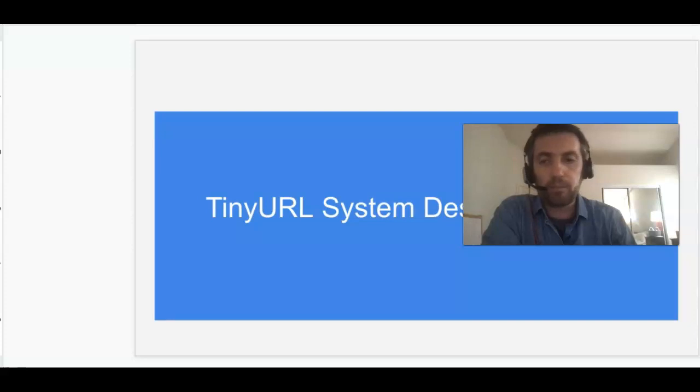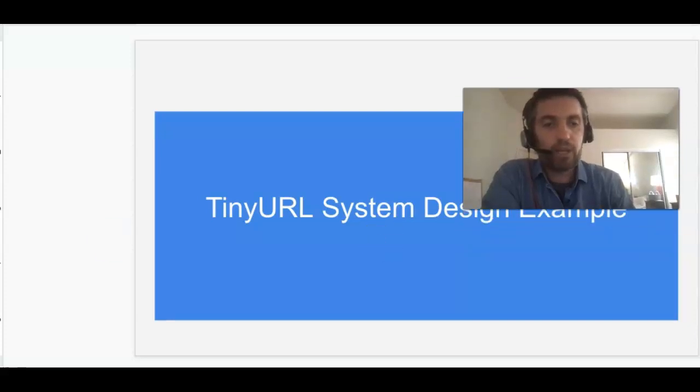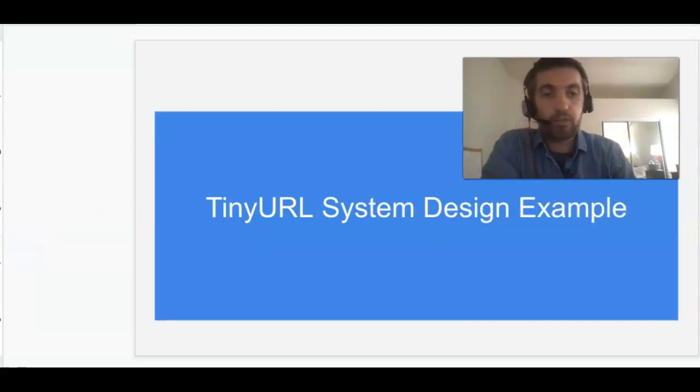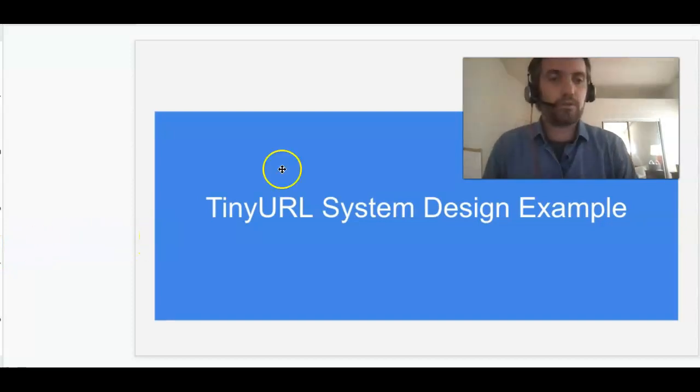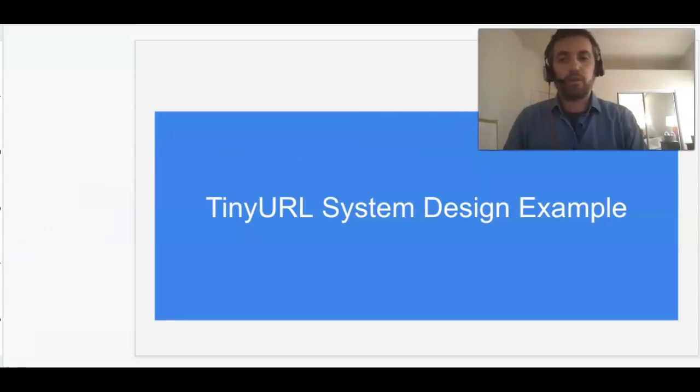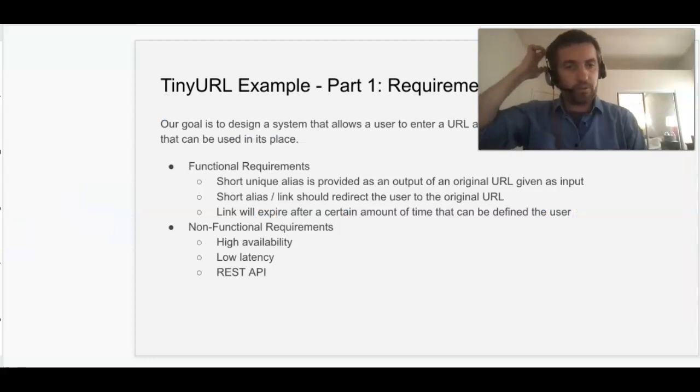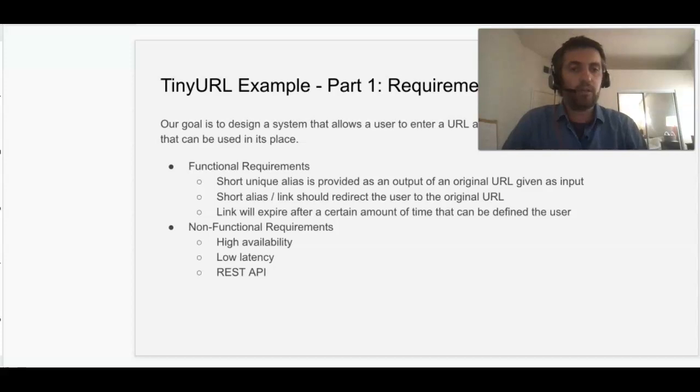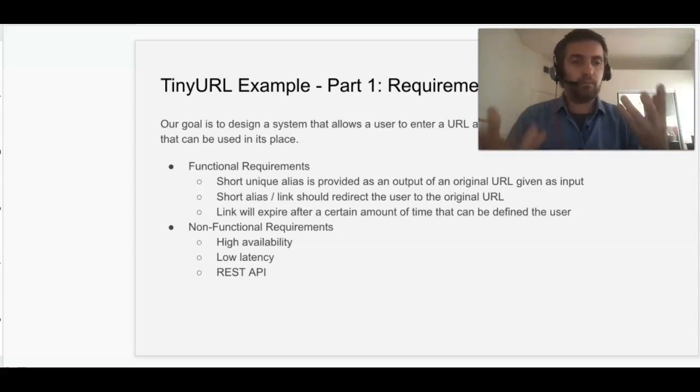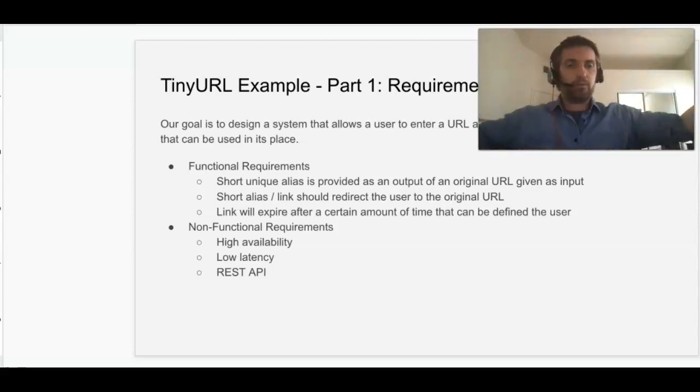Let's dive into an example. Tiny URL service. How do we design a tiny URL service? What is a tiny URL service? What are its functional requirements? Its functional requirement is that it takes a long URL from the user and returns a short URL. So when you paste something in your browser, you don't have to type in this huge long URL.